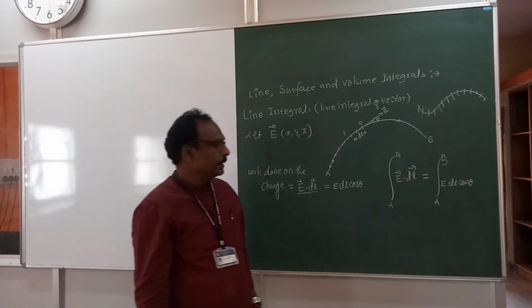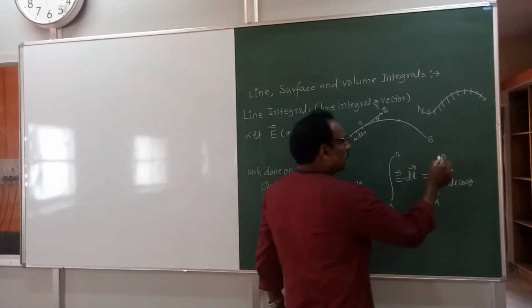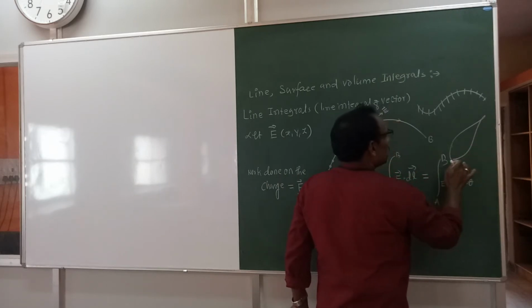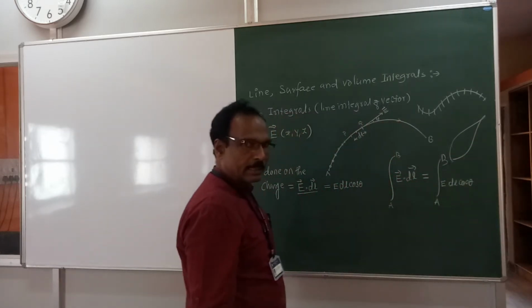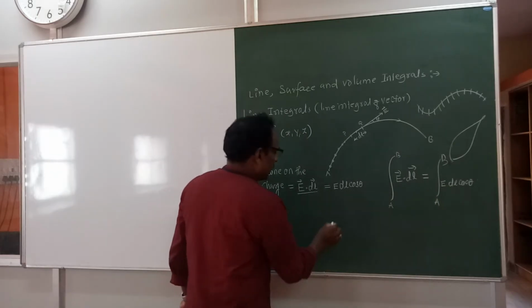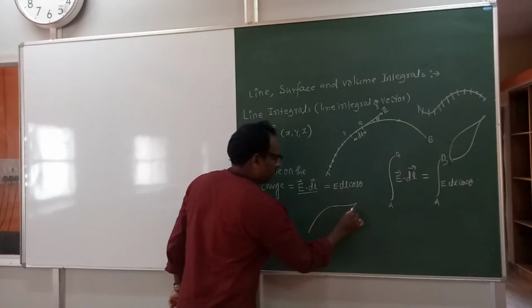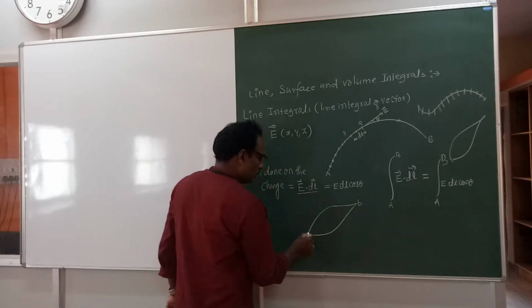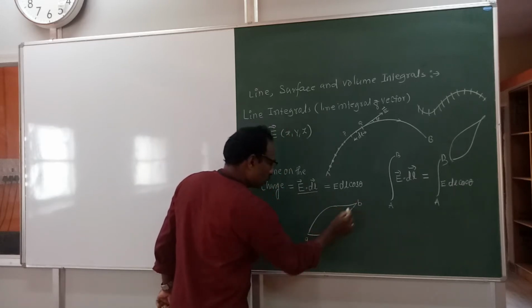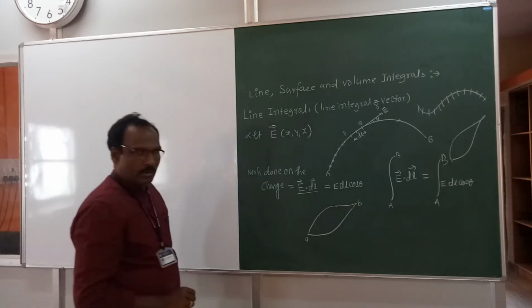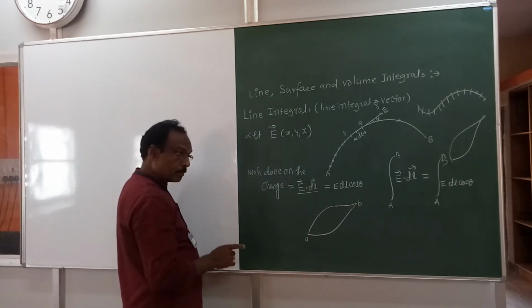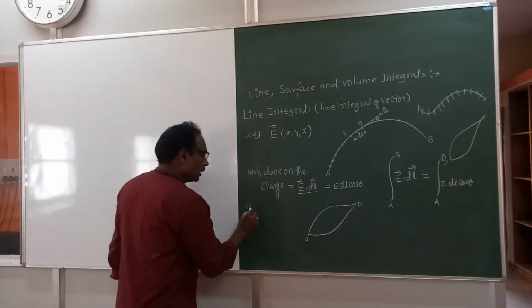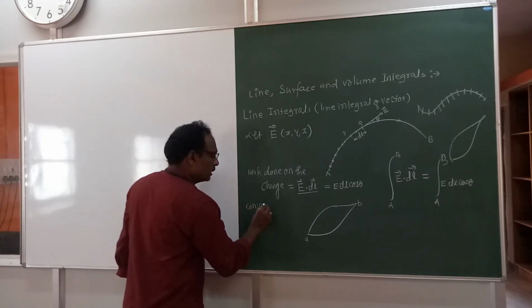If the work done is independent of path, say this is small a and this is small b, whether you go from A to B or B to A, if the work you calculate is independent of path, we call it a conservative field.